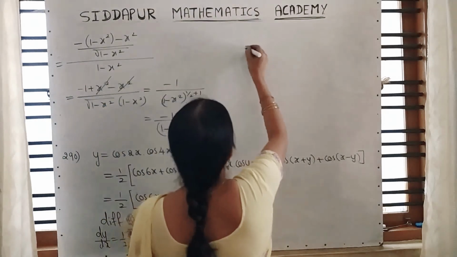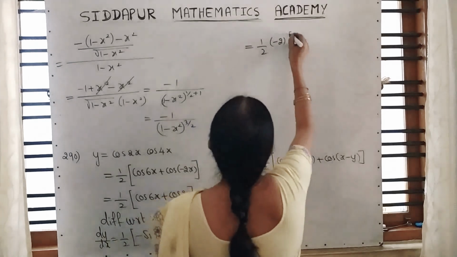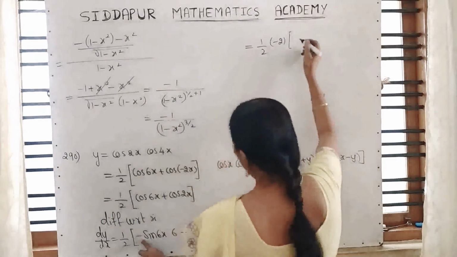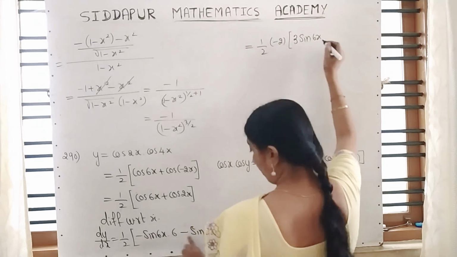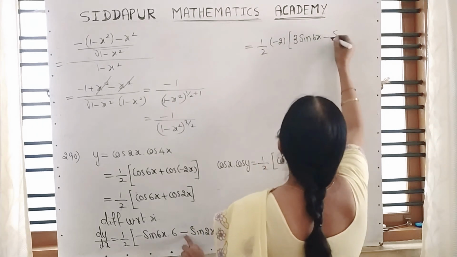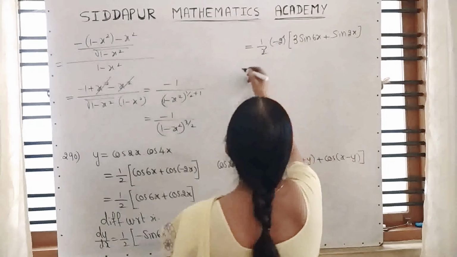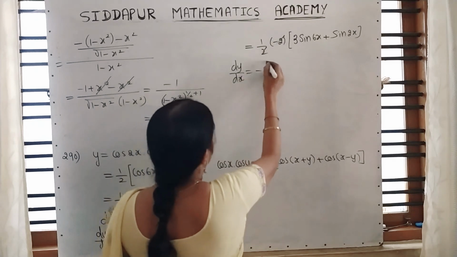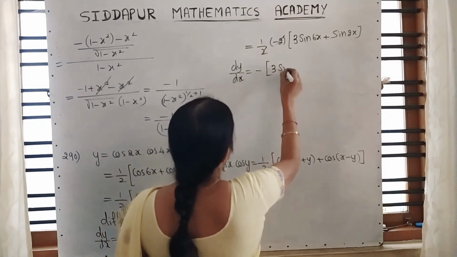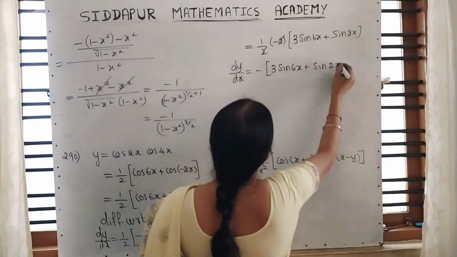I took minus 1, minus 2 common in the bracket. 3 sin 6x because 3 2s are 6, and this minus outside plus sin 2x. This gets cancelled. So dy upon dx is equal to minus in the bracket 3 sin 6x plus sin 2x.